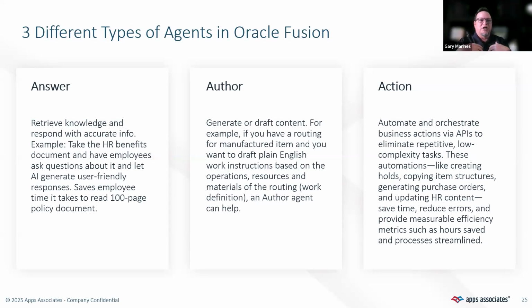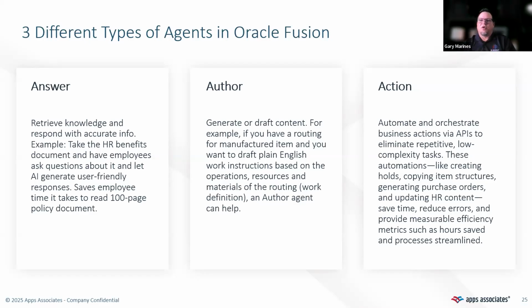I can put a 100-page policy document on the system, ask a single question, and it will vectorize that and get information quickly for you. I can create agents that author things, draft content for me, create work instructions on my behalf, insert records. And then we have ones that take action, right?